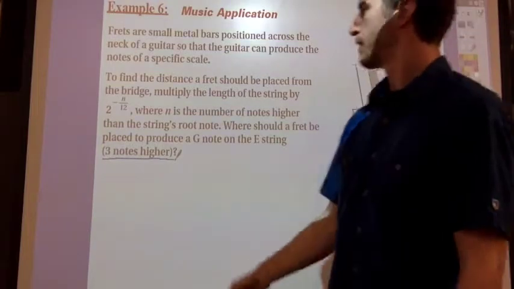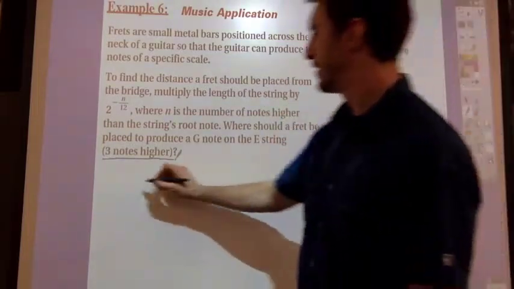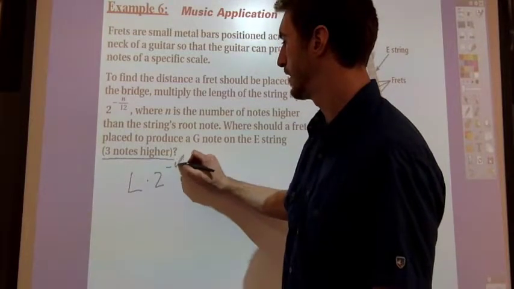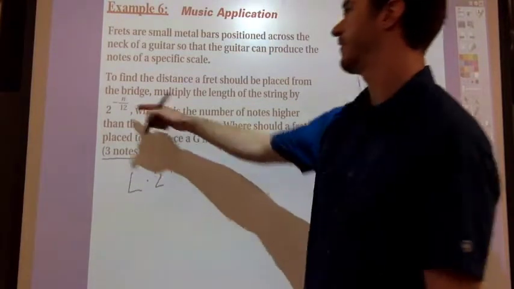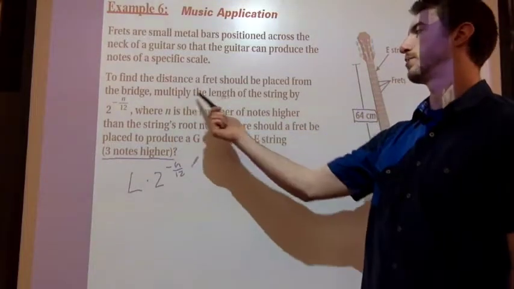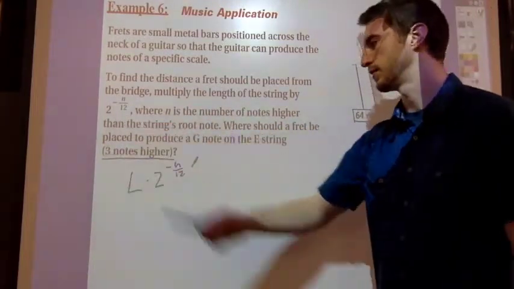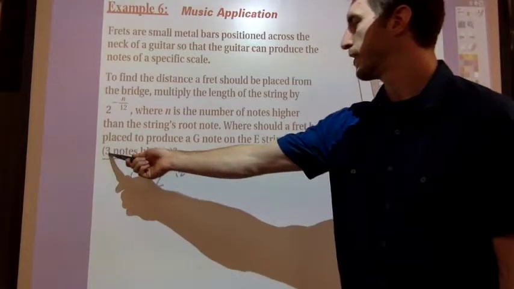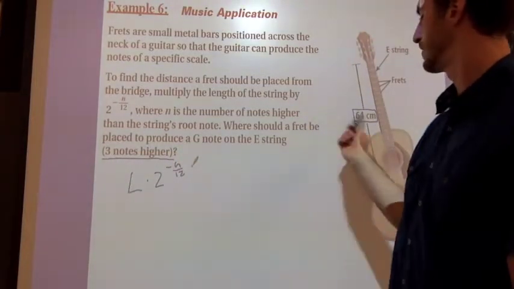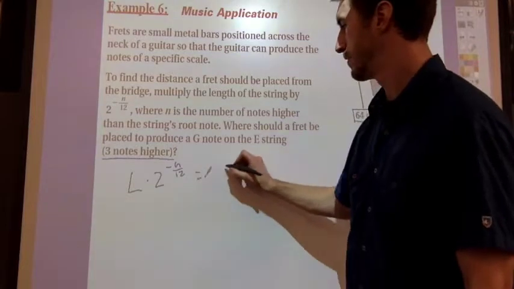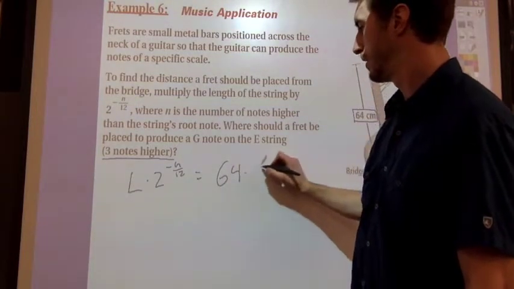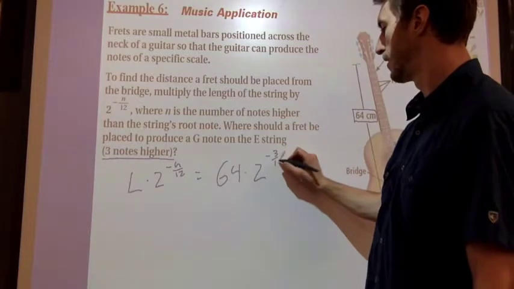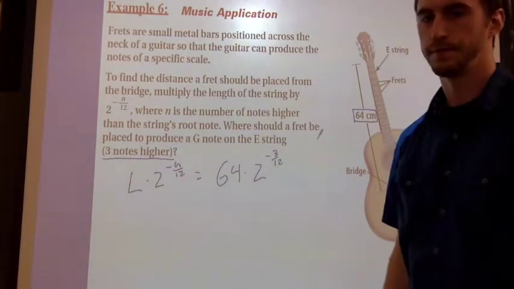Okay, so our equation is length of string times 2 raised to the negative n over 12. It doesn't have that written out for us, but it just tells us to multiply the length by that, so that's what I did. And then we want to plug in 3 for our n and 64 for our length. So this is going to be 64 times 2 to the negative 3/12.